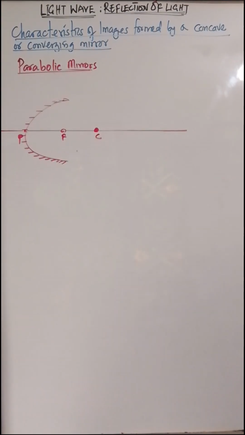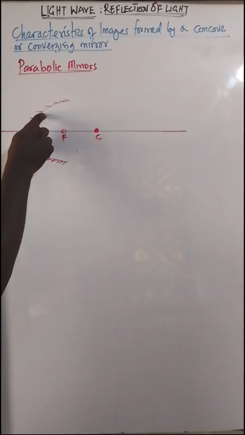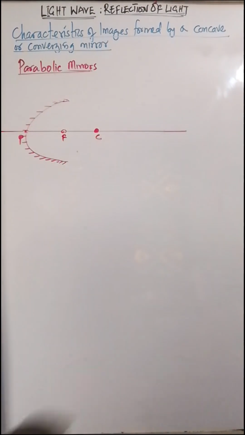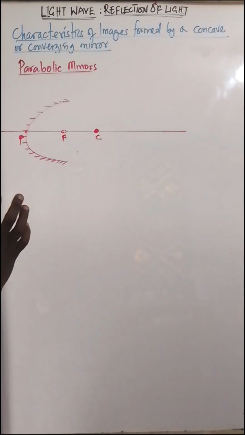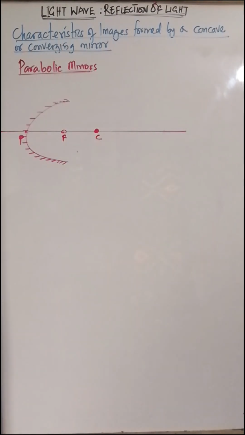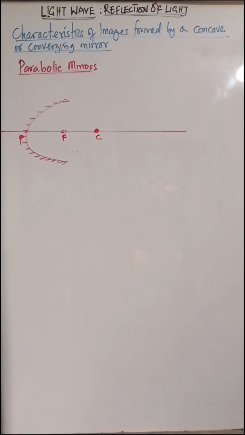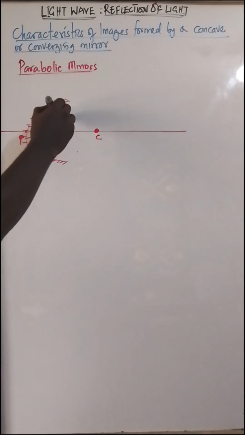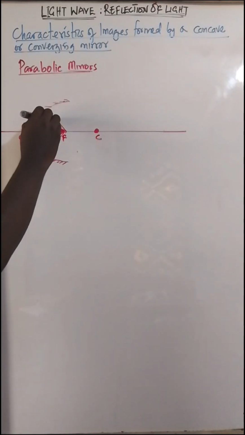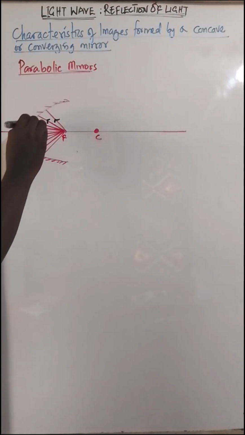Now recall, any ray that passes through F will be reflected parallel to the principal axis. So these parabolic mirrors have many uses. They are used to produce what we call a parallel beam of light of high intensity. If you put a light source here that gives a diverging light, the rays are moving from the principal focus.